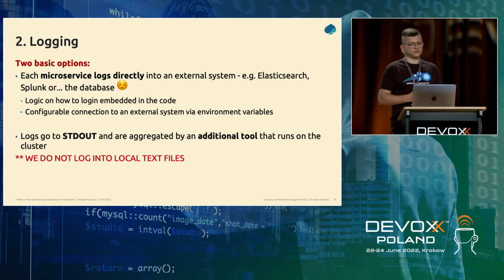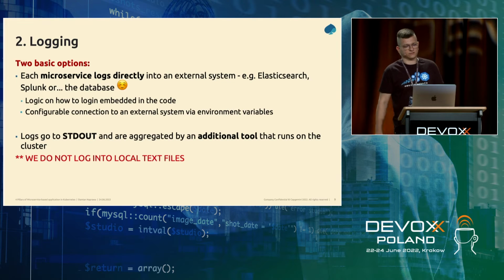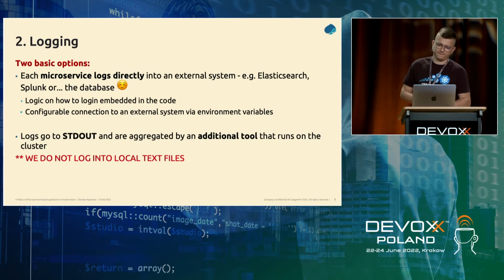And I wanted to give you one important message, which you should keep forever when it comes to everything related to containers. We do not log into local text files.